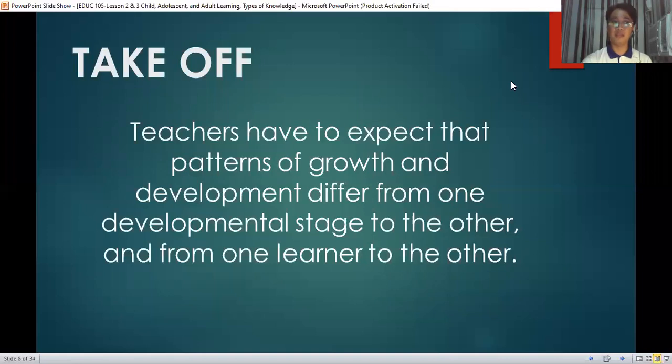Like a child cannot be compared to an adolescent, and an adolescent learner cannot be compared to an adult learner. So we use different techniques, we use different approaches depending, I repeat, on the level of the learner and the special consideration on the stage of human development, whether a child, an adolescent, or an adult learner.